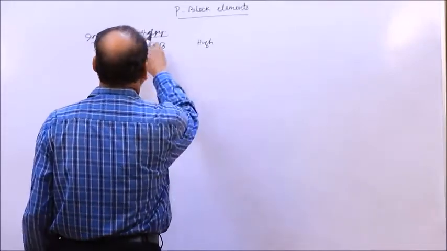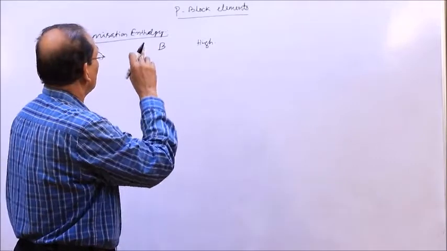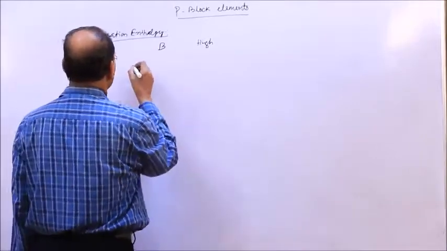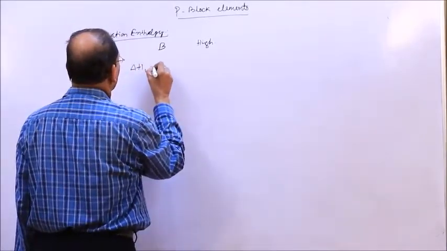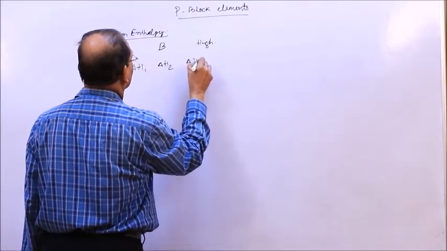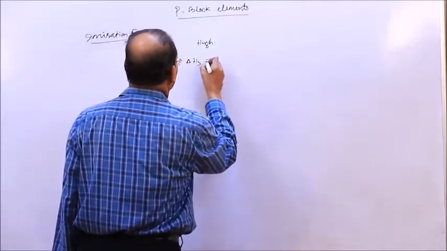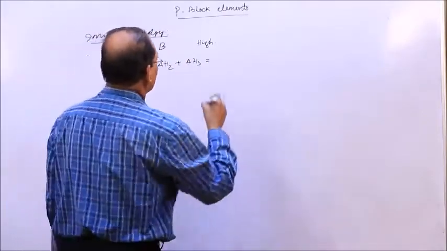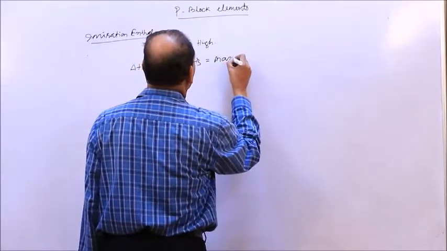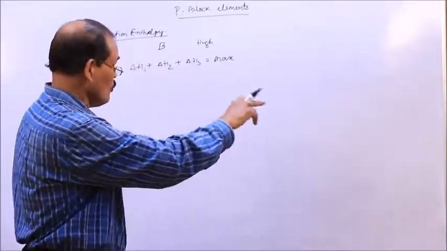Considering the ionization enthalpy of the first, second and third, that is delta H1, delta H2, delta H3, the sum of all is maximum in the case of boron, and it decreases from boron to thallium.